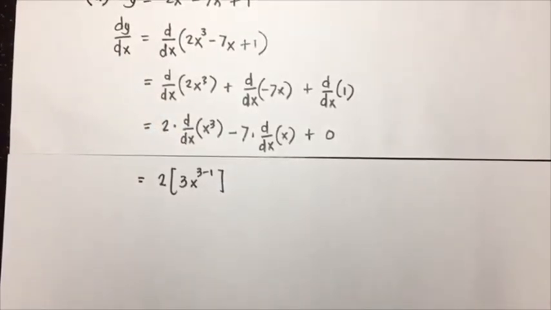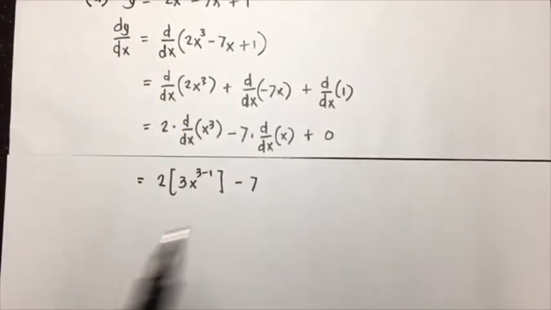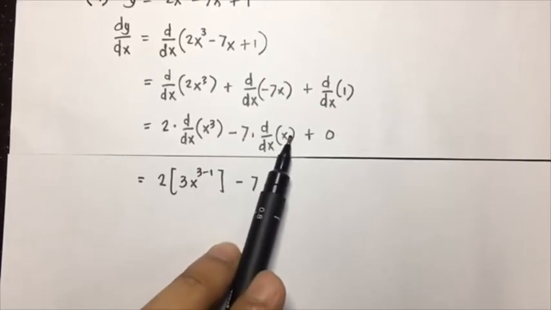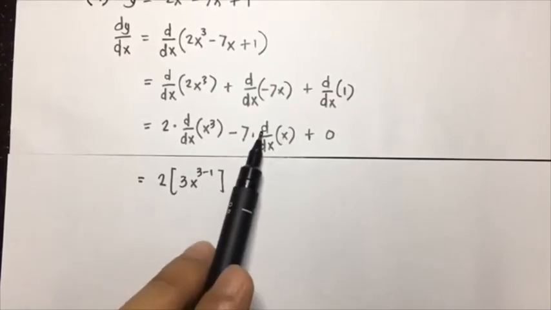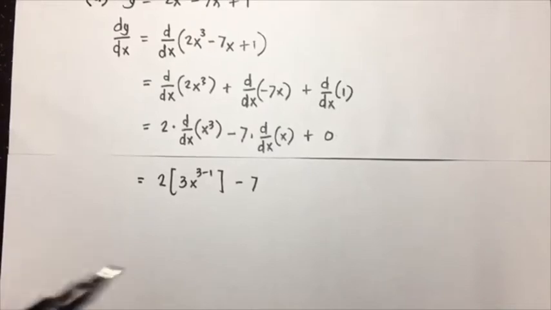Minus 7. The derivative of x raised to, the exponent of x here is 1, right? But we can also see that we will have here dx over dx, so it will become 1.